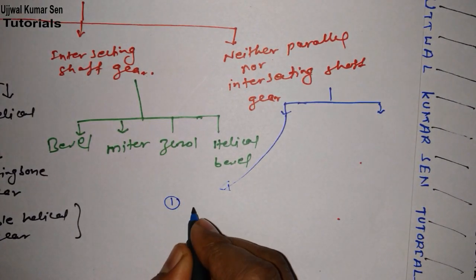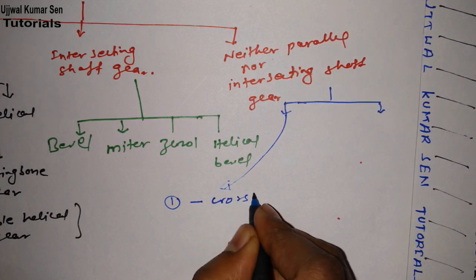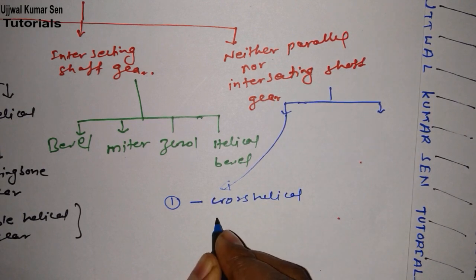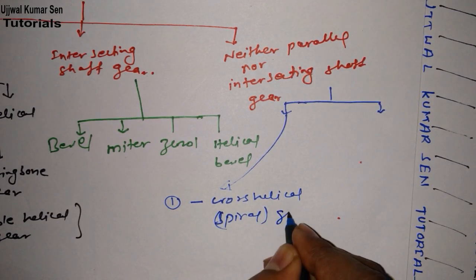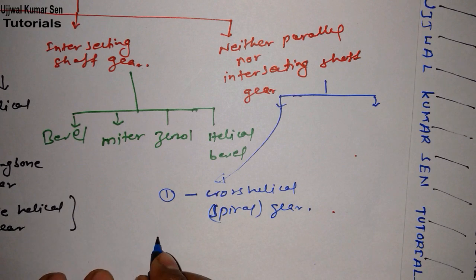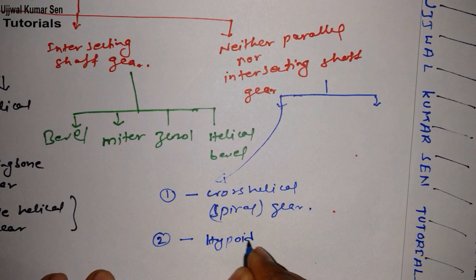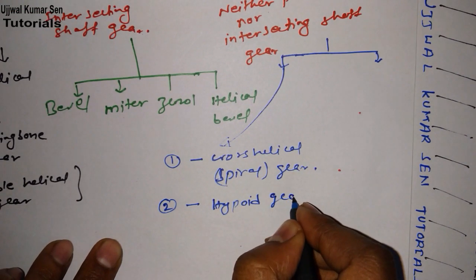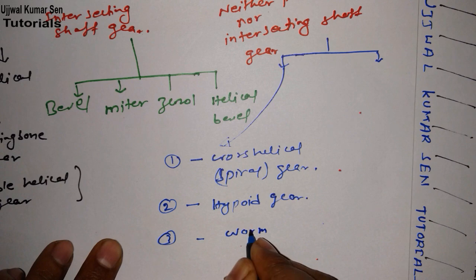First is the cross helical spiral gear. Second one is hypoid gear, and third one is worm gear.